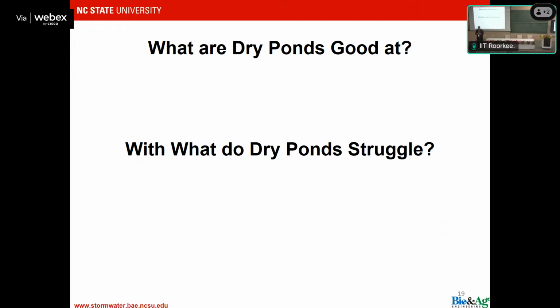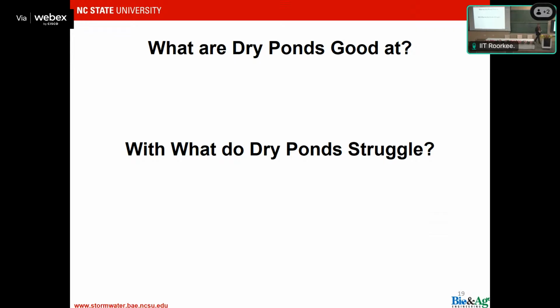All right? And so there is accumulation of sediment, but it's slower in a dry pond than it is for the other practices because of this dynamic of settling. It's still for a few days, it rains again, it resuspends. It just keeps doing this. Some of it does accumulate, but it's not as good at accumulating. So those are the things it struggles with.